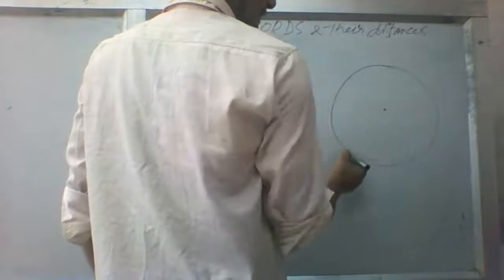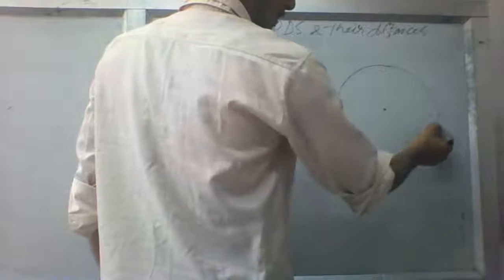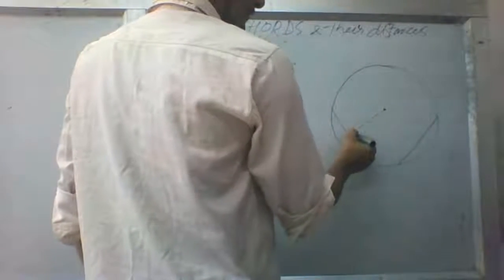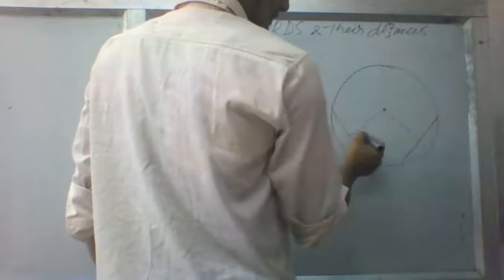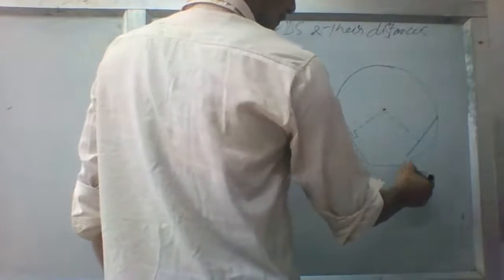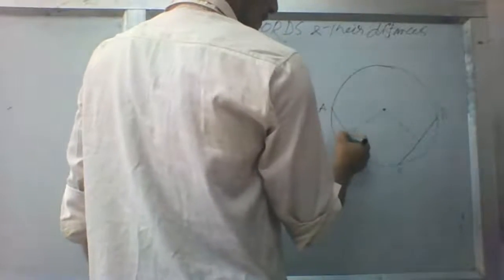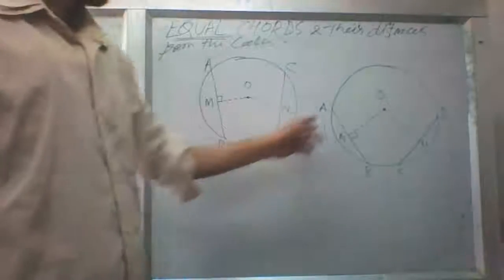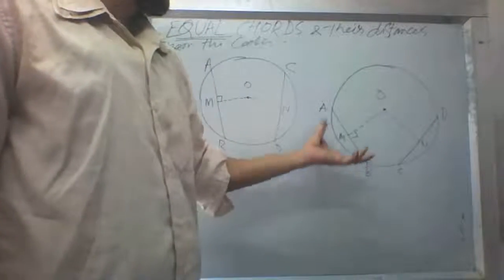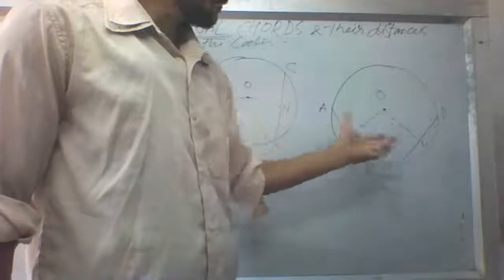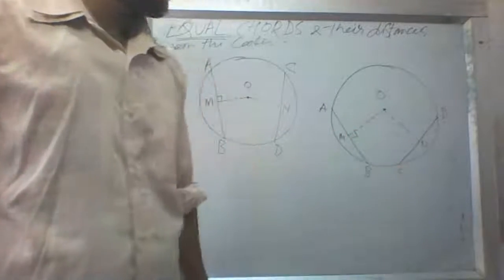This is the center. These are two equal chords. Join it to the center. A, B, C, D, M, and N, O. These are two equal chords. This time they are not opposite to each other. They are somewhat in the same way.